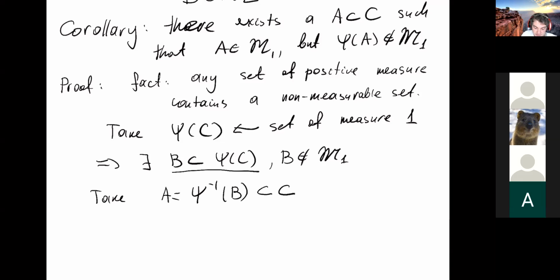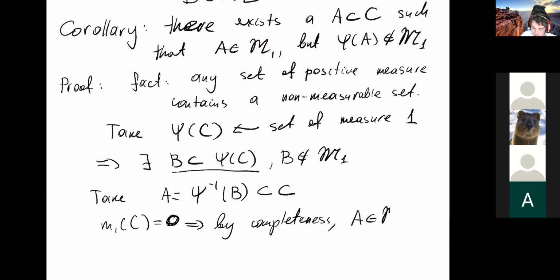And by completeness, so what do we know about C? We know that C has measure 0. So the measure of C is 0, therefore, by completeness, A is measurable.